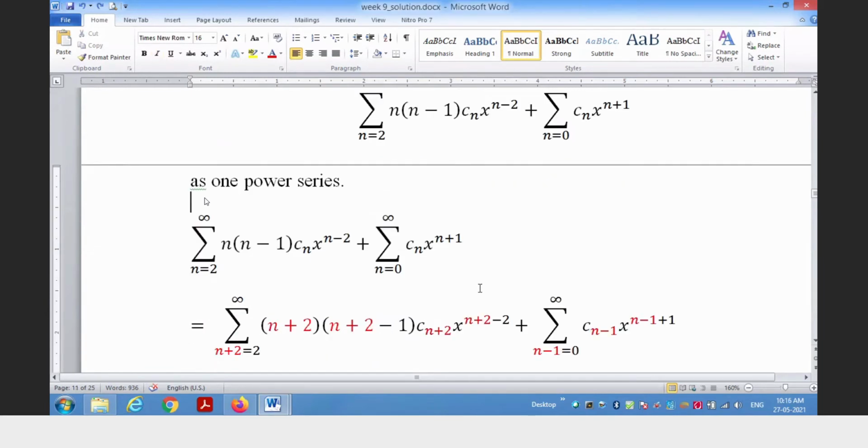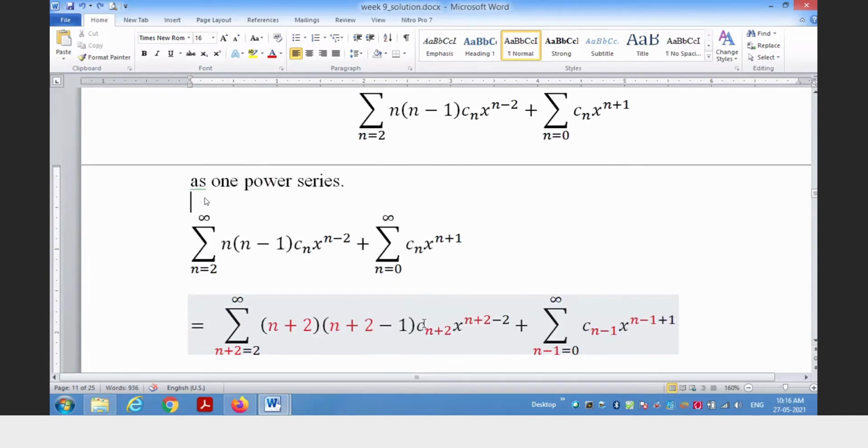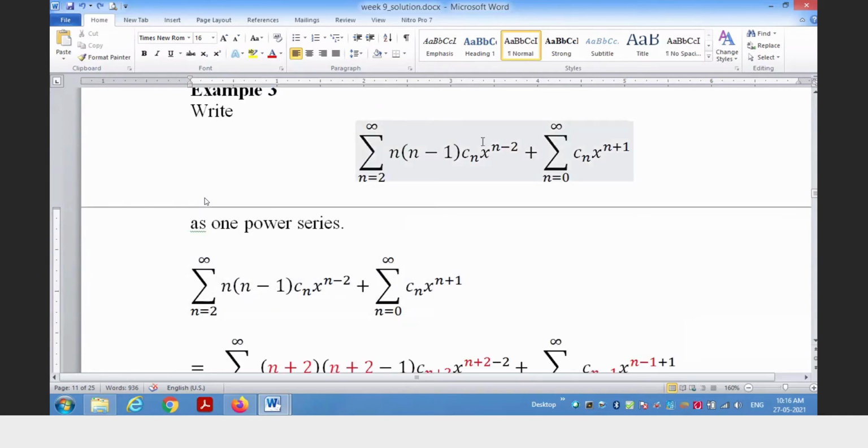So now you have to decide which power you want to convert to. In this example, I convert everything to x to the power of n.